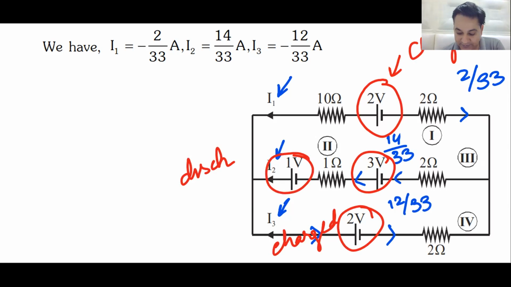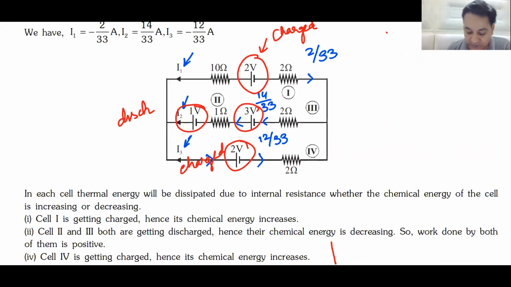Looking at what we had discussed, and let me decrease the size of this. This is the explanation of the answer. In each cell, thermal energy will be dissipated due to internal resistance, whether the chemical energy of the cell is increasing or decreasing.